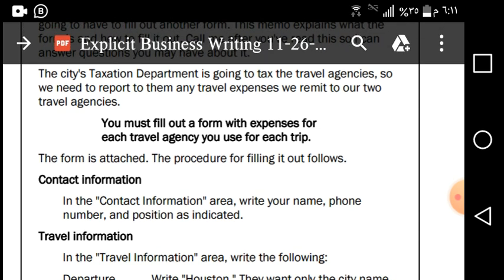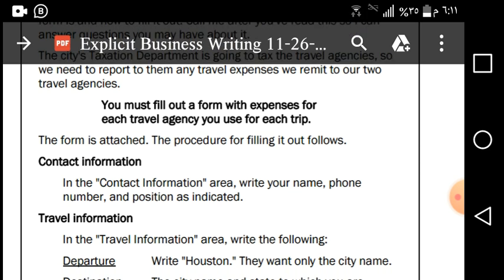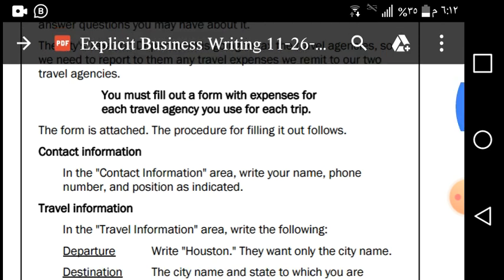The form is attached, and the procedures, the steps for filling it out, follow. So the writer begins the instructions by explaining where to find the form and that the instructions for filling it out are going to follow. That lets the readers know not to look at the form as they read through the procedure, through the steps.